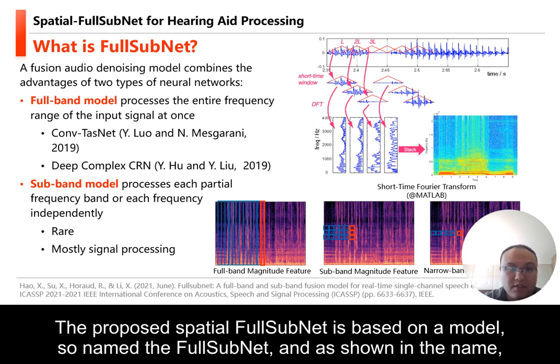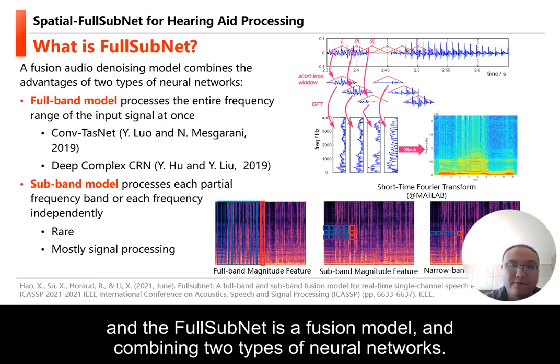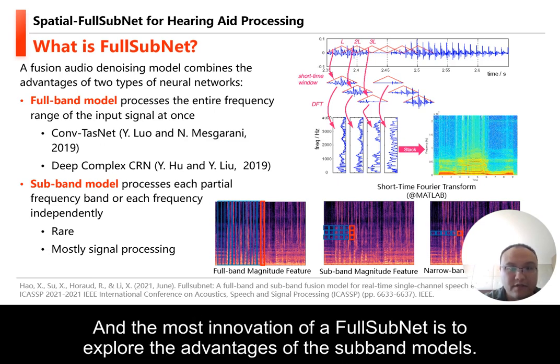The proposed Spatial Full Subnet is based on a model named FullSubNet, and as shown in its name, FullSubNet is a fusion model combining 2 types of neural networks. The most innovative part of FullSubNet is to explore the advantages of subband models.